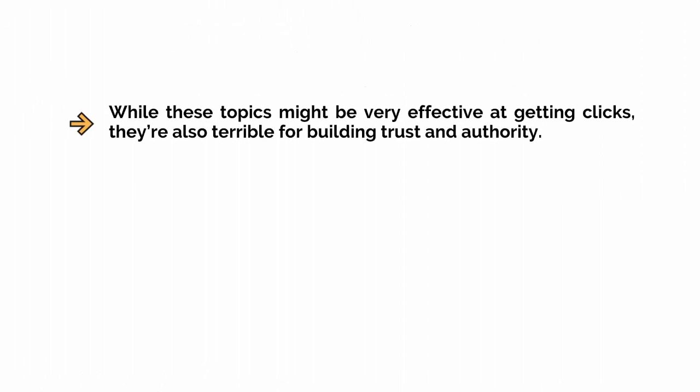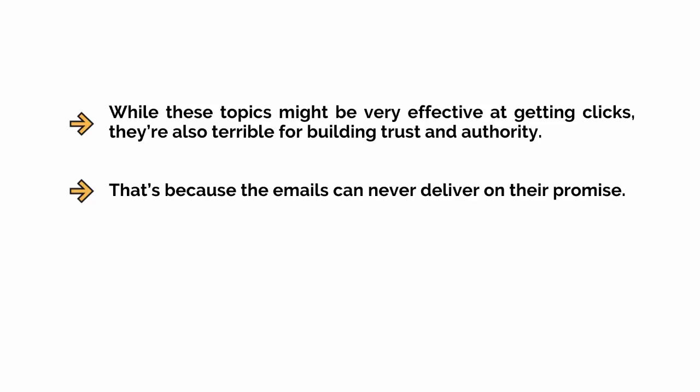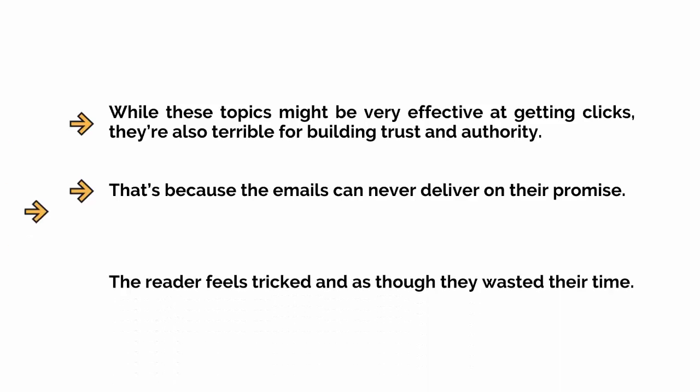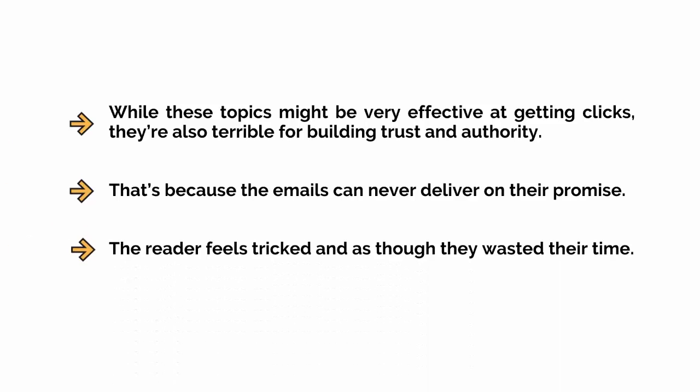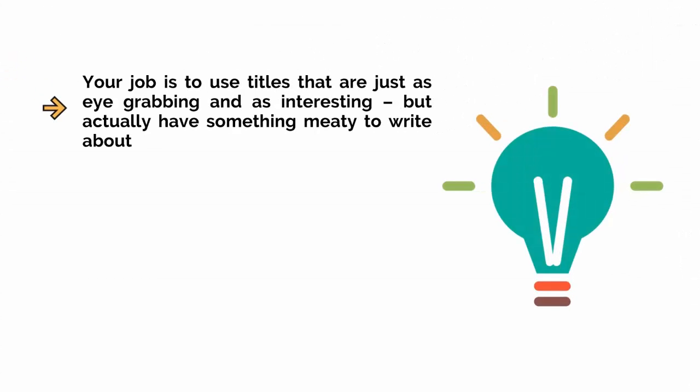But while these topics might be very effective at getting clicks, they're also terrible for building trust and authority. That's because the emails can never deliver on their promise. The result is that the reader feels tricked and as though they've wasted their time. Your job then is to use titles that are just as eye-grabbing and interesting, but actually have something meaty to write about.